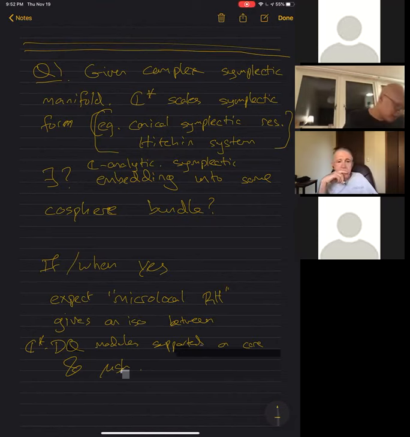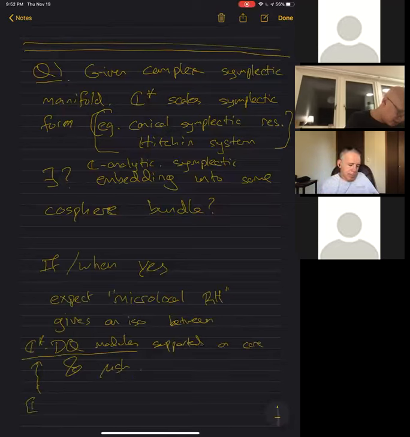And the place to see what the C star DQ modules are, you should look in Kashiwara-Rouquier.